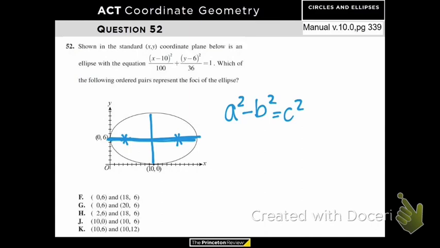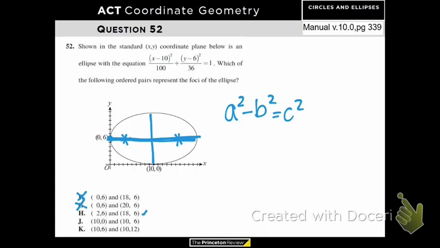So kind of just as an estimate where I drew my stars, I want to see if I can figure out which answer is correct here. So let's see, here's 0, 6, and then 18, 6. That doesn't make sense because it can't be on the edge. So these two that have 0, 6 have to be eliminated. 2, 6, and 18, 6, that seems to make sense.